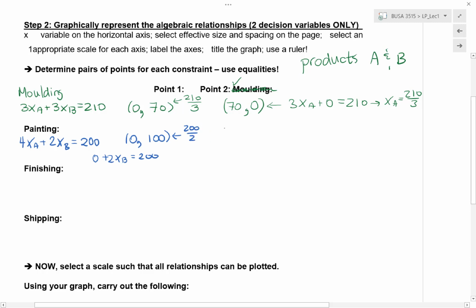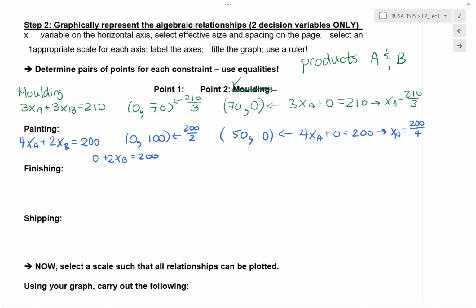And then if we put in instead 0 for XB, we would get 4XA plus 0 equals 200. That puts XA at 200 over 4, which is 50. Okay, so our 2 points on our line are 0 and 100, and 50 and 0. So XA is 0 for this one, XB is 100.